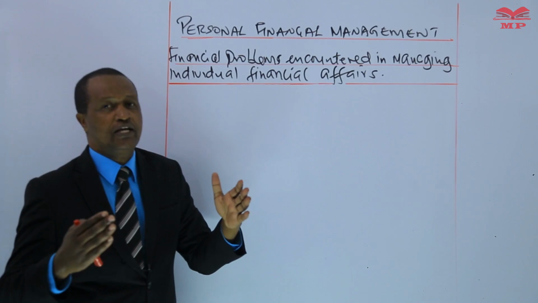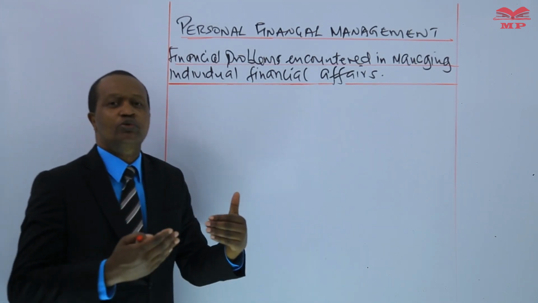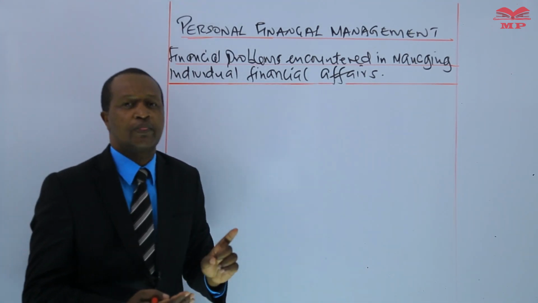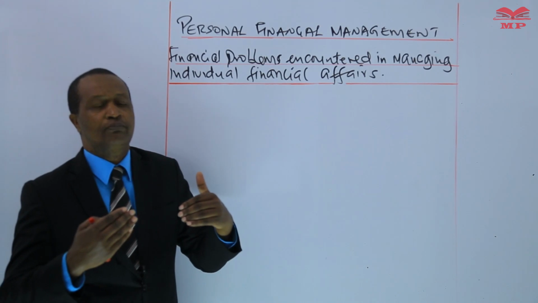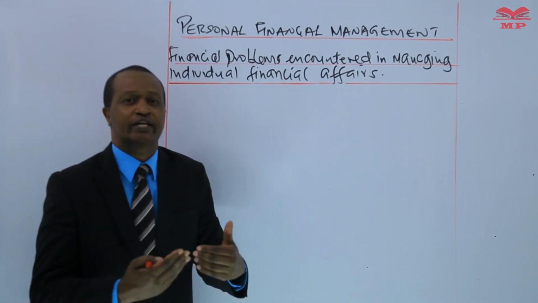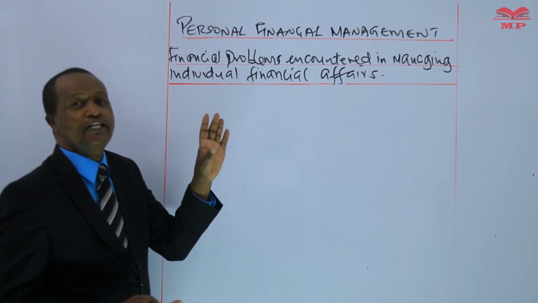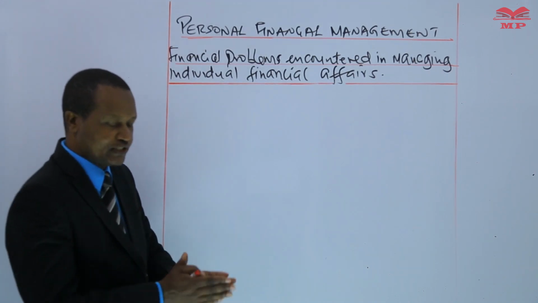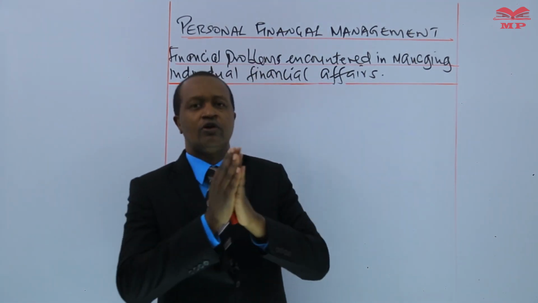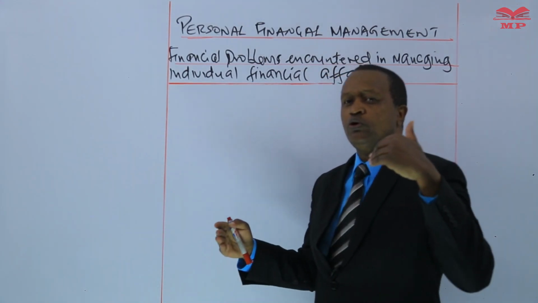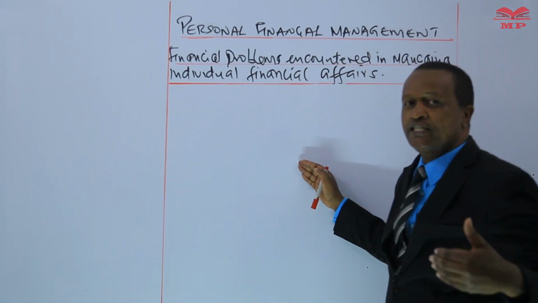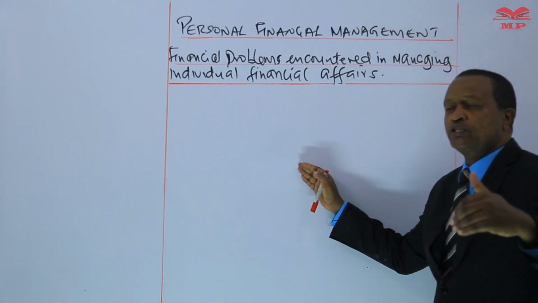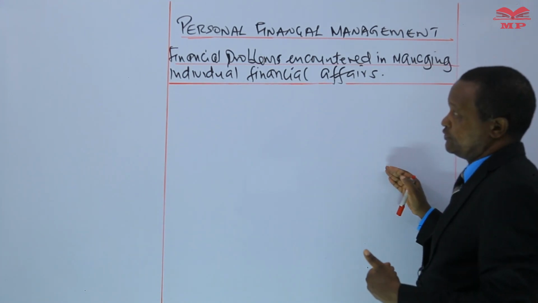The same way a company may be required to manage its resources, individuals or households also ought to plan, to organize, to direct and control its financial activities or resources in order to achieve certain financial objectives.